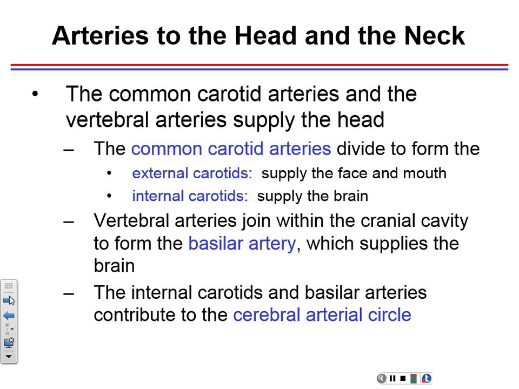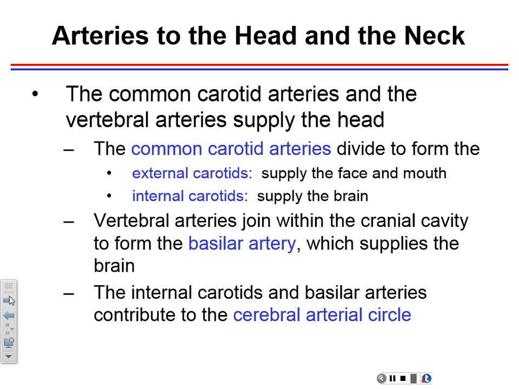Okay, so again, like I said, the common carotid arteries will split into the internal and then external. So the internal will supply the brain, and the external will supply the face and the mouth.